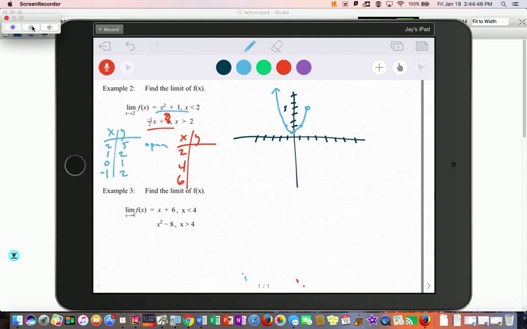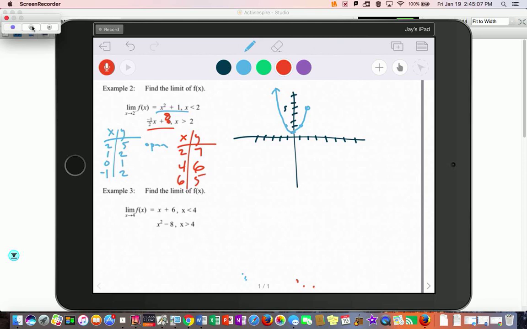So negative half of 2 is negative 1, plus 8 is 7. Negative half of 4 is negative 2, plus 8 is 6. And negative half of 6 is negative 3, plus 8 is 5.